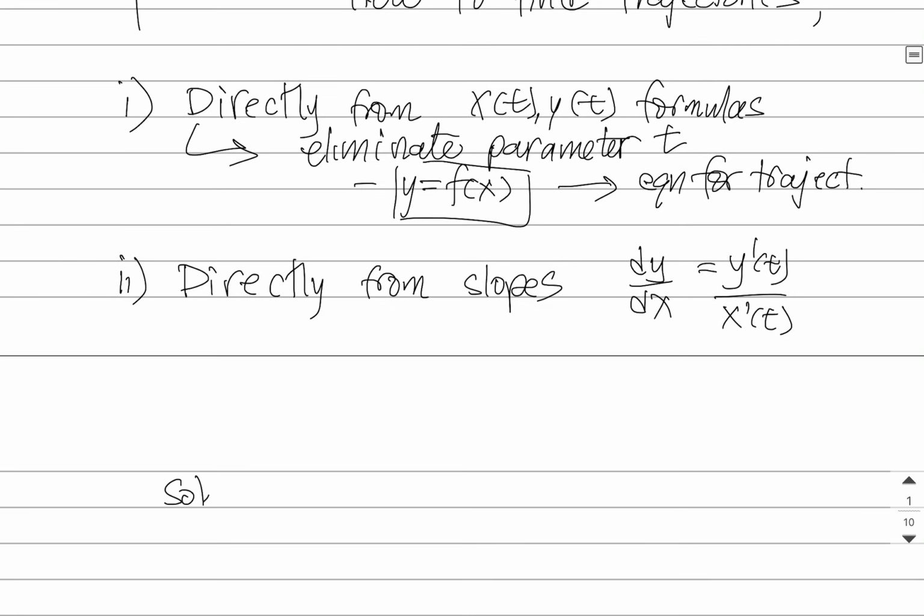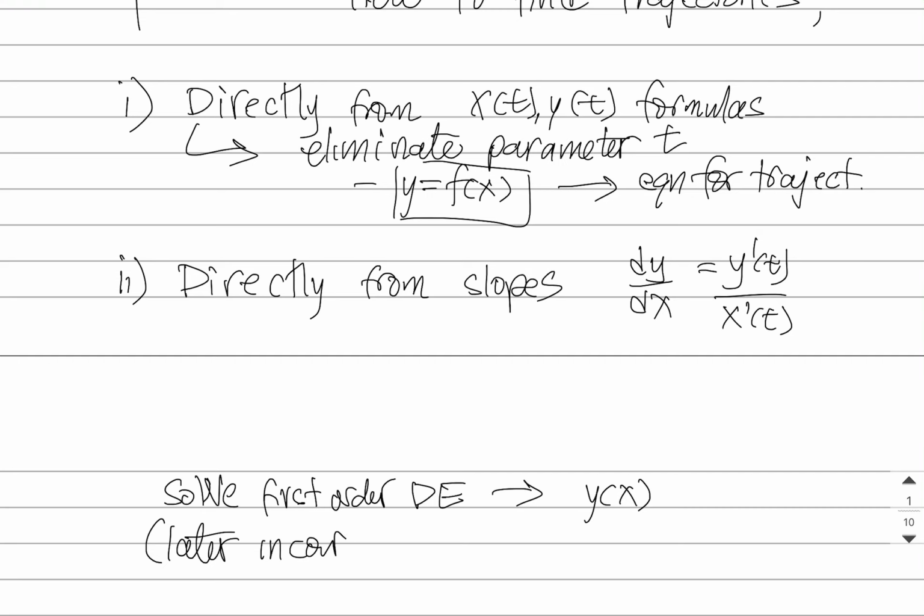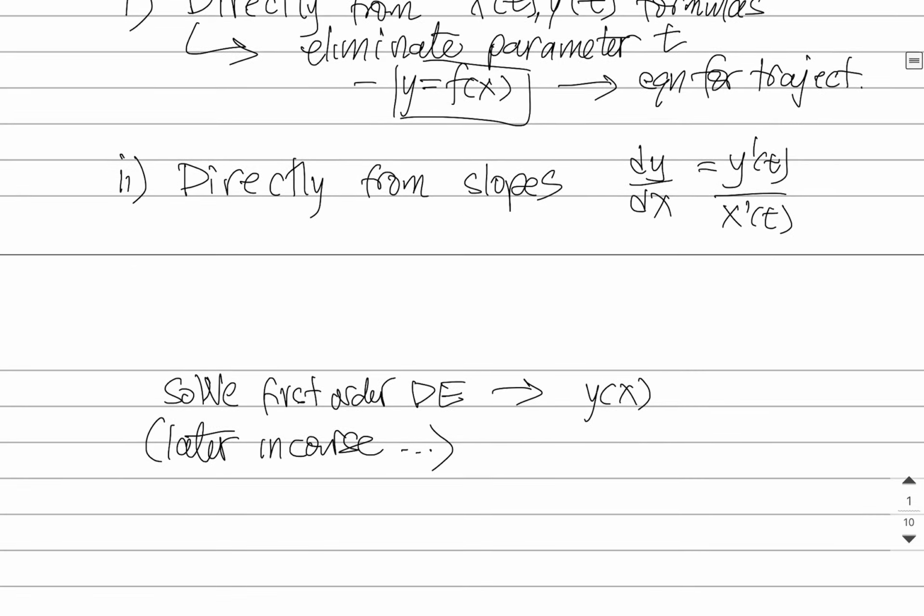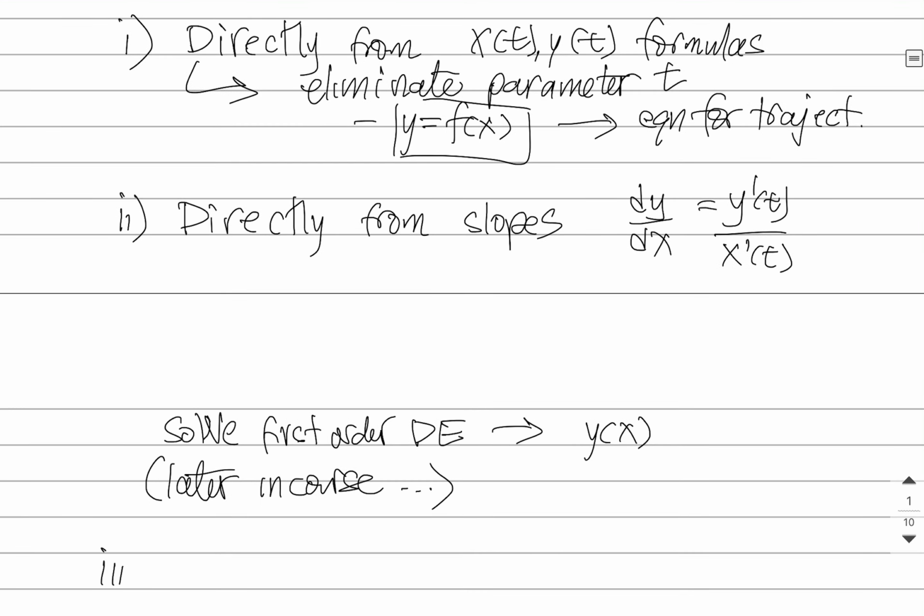So that means we can solve this first-order DE to get y of x. Now we're going to do this later in the course. We won't take this approach now. The reason it's difficult is because those equations are typically nonlinear, and it becomes more involved to solve them.